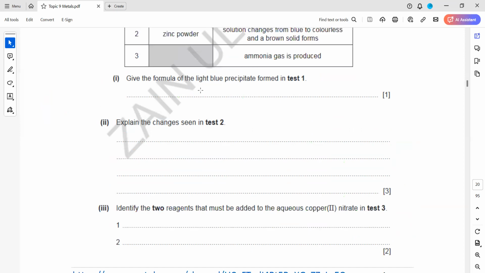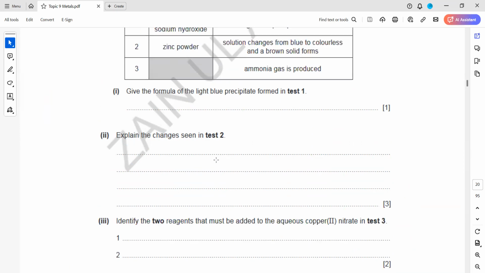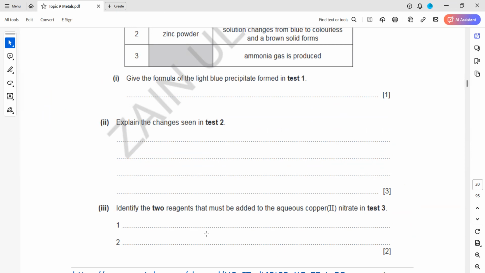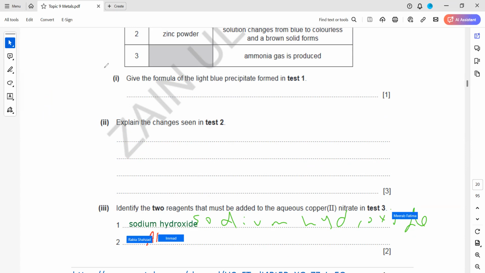Identify two reagents that must be added to aqueous copper 2 nitrate in test 3. What is the test for nitrate? So we add sodium hydroxide and then aluminum foil.